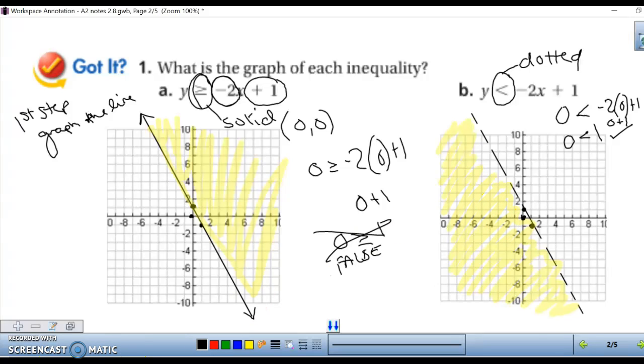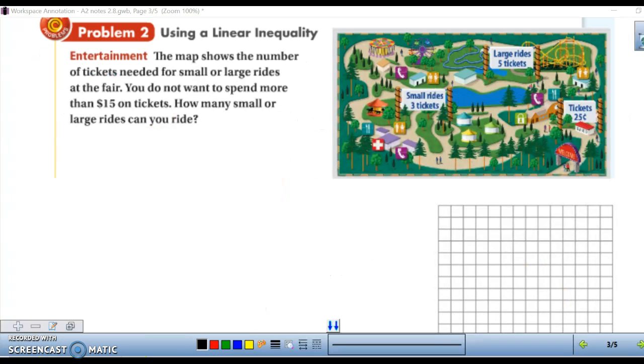So good job. Problem 2 is a word problem about having tickets for small or large rides at the fair. So actually currently while I am making this video, the Huron County Fair is going on. But anyways, we have 3 tickets for small rides and 5 for large.